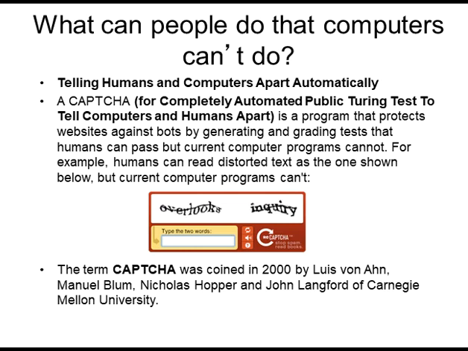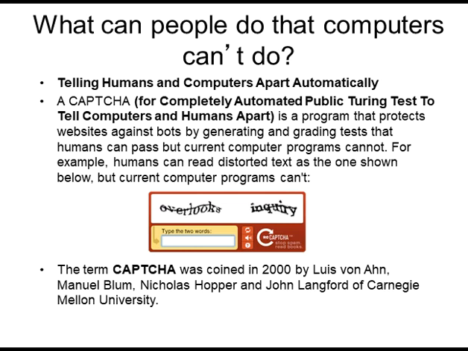It is a program that protects websites against bots. Bots are algorithms and program structures that can send requests to websites. But it's not a human doing it. It's a program that continually sends requests to the websites. And by doing this, it can overtax the website and crash it.